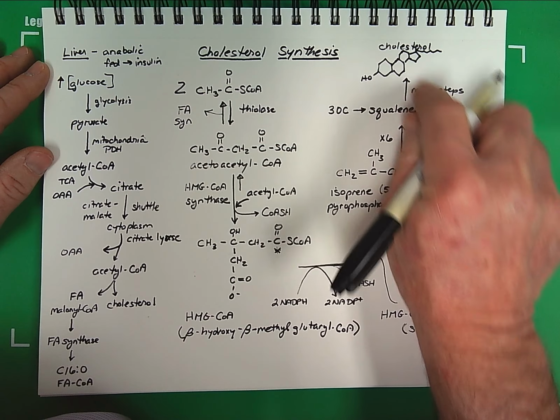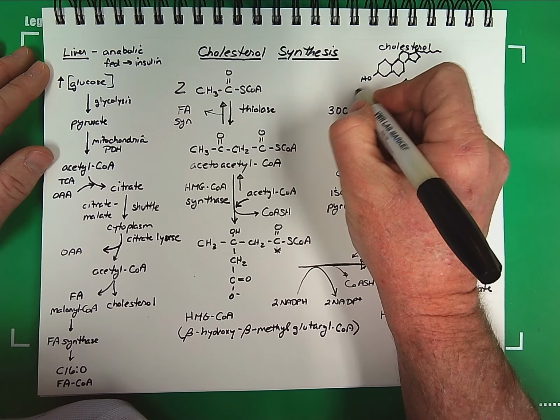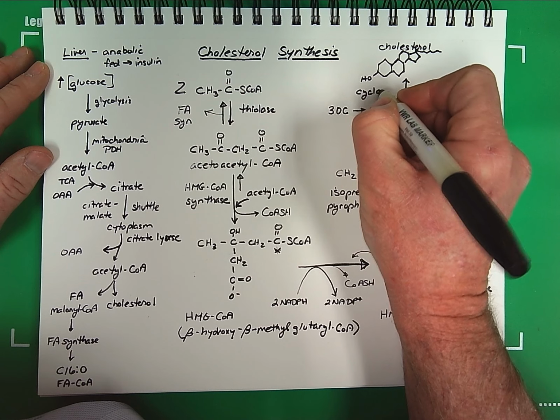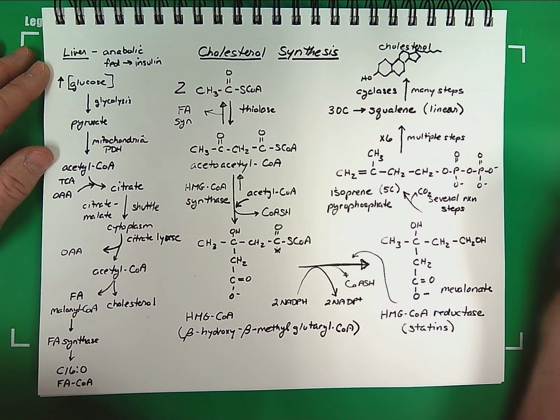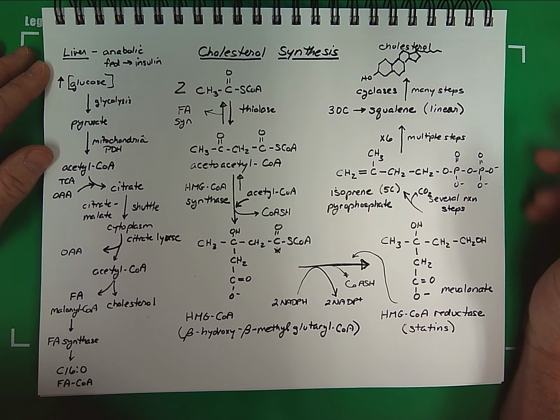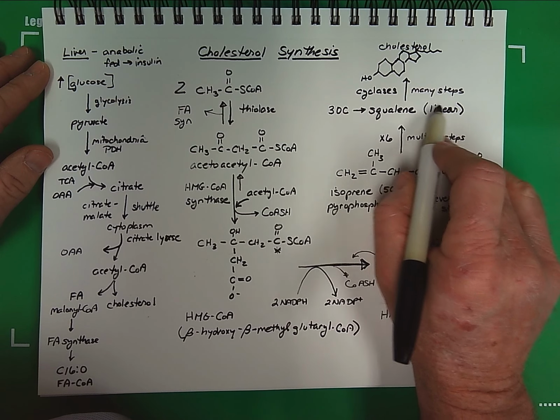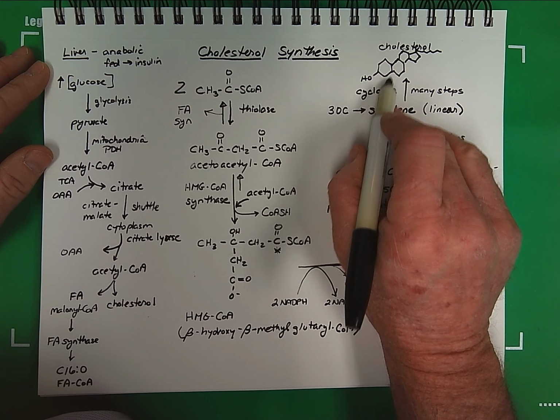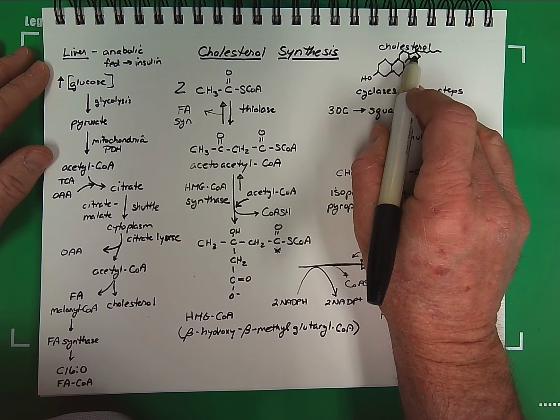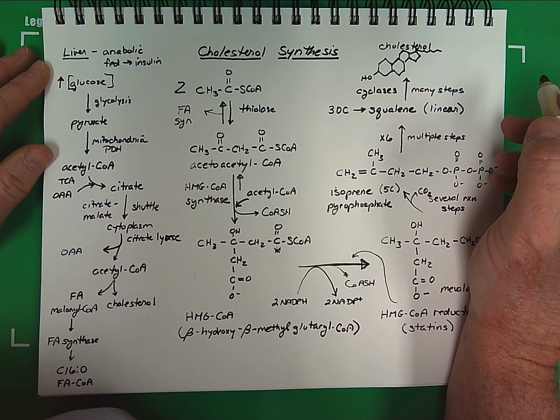So multiple ring structures from a linear molecule means that there's going to be a series of enzymes called cyclases that will be involved. And the job of the cyclases is to take the linear molecule and combine carbons to form the 4 ring structures familiar to us of cholesterol.